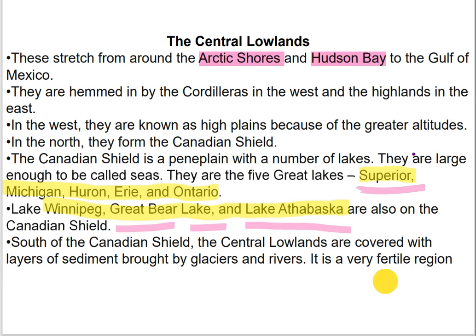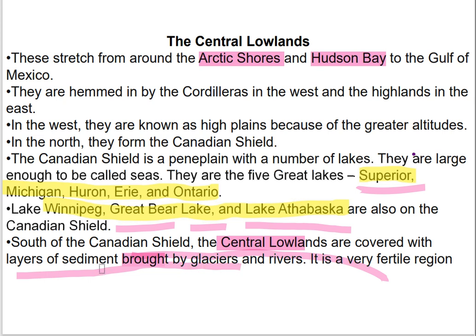As we know, south of the Canadian Shield, the central lowlands are covered with layers of sediments brought by the glaciers and rivers. To the north is the Arctic Ocean, where the North Pole is, a very cold region with many glaciers and rivers flowing north to south.